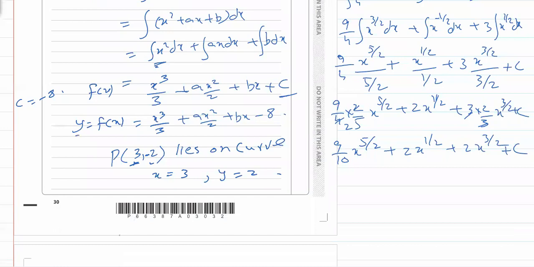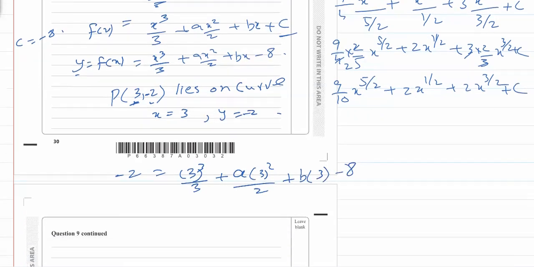What I will have now is -2, because the curve is y. So -2 is equal to, in place of x put 3. So it will be 3 cube divided by 3 plus a into 3 square divided by 2 plus b into 3 minus 8.